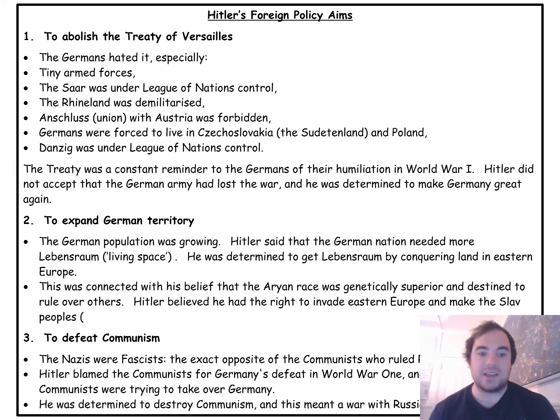And this is obviously going to bring him into conflict potentially with the quite enormous Soviet Union, which was led by Joseph Stalin at the time. So these are all Hitler's main aims and how they would bring him into conflict.